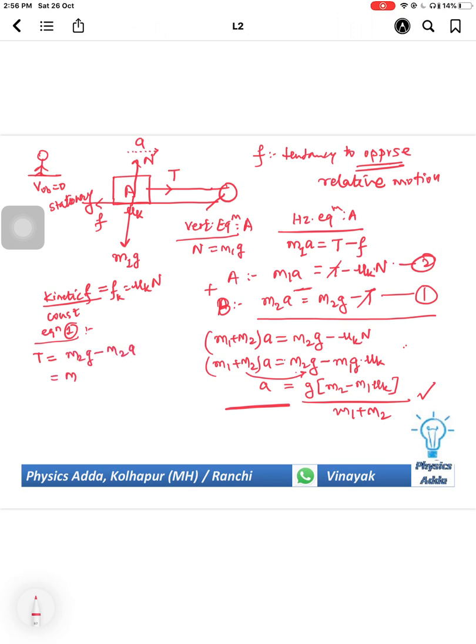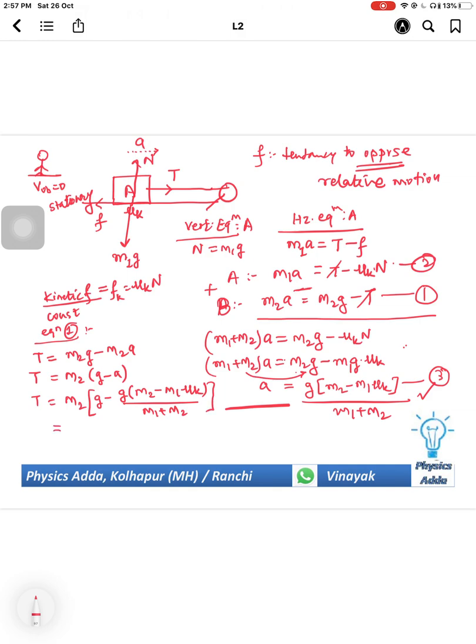I take m2 outside, so this becomes m2 into (g minus a). Then T becomes m2 into g minus, putting the value of a from equation number 3, g into (m2 minus m1 mu k) whole divided by (m1 plus m2).